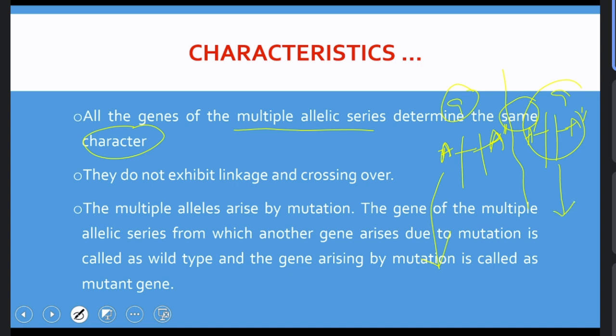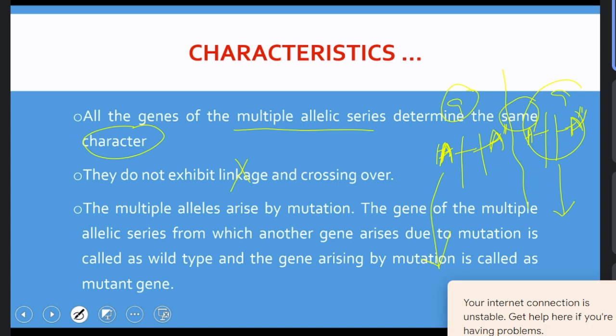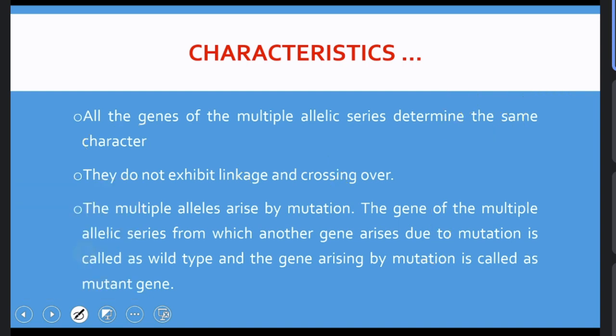But the gene A double dash is not present on my chromosome, thus it is not linked to my genes. Thus it cannot exhibit linkage. Because it is present on the same locus, it cannot exhibit crossing over even.